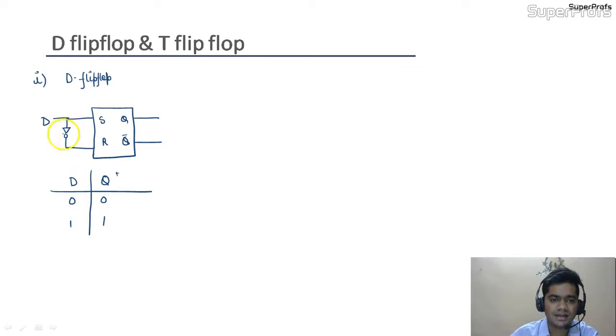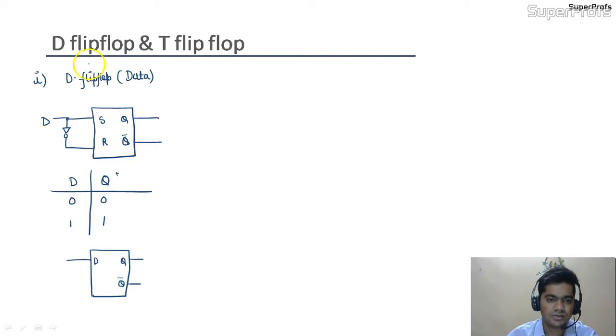So the D flip-flop stands for data flip-flop. Whatever data we give at the input side, we get the same data. That is, for D equals to 0, Q plus is equal to 0, and for D equals to 1, Q plus is also equal to 1. So the whole circuit we can just represent like this. This is our D input and we are getting Q and Q bar as output. Okay, so this is our D flip-flop.